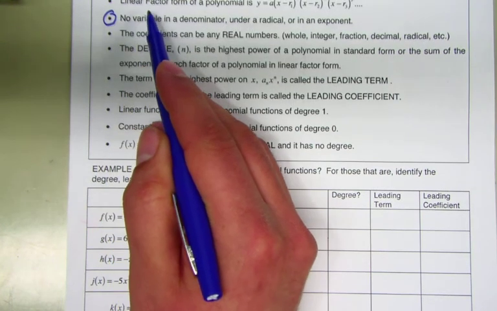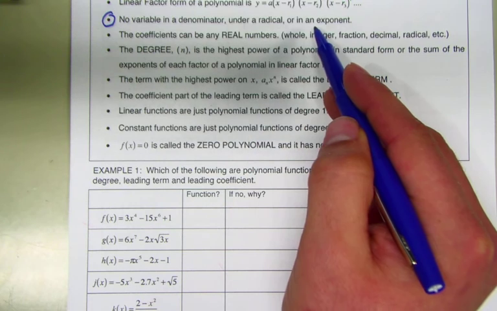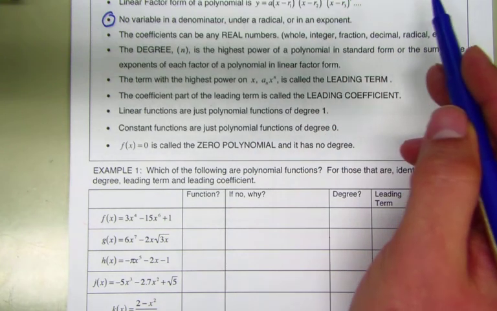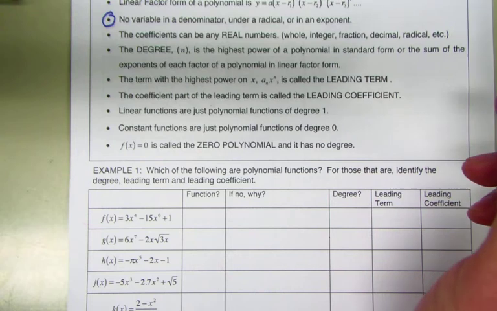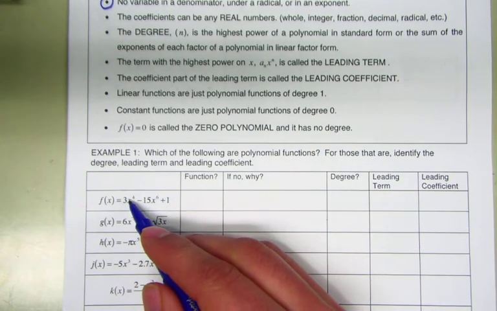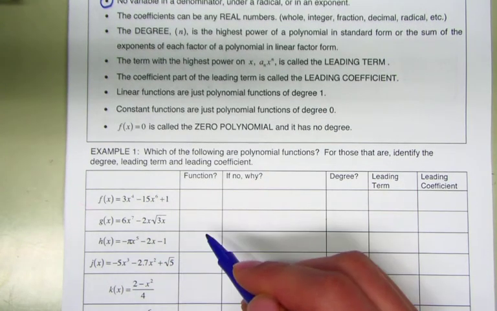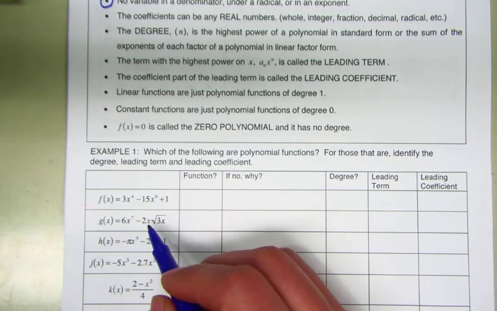We should have no variable in a denominator or inside of a radical or in an exponent. The other key is this. The exponents should always be whole numbers. So what do you think?